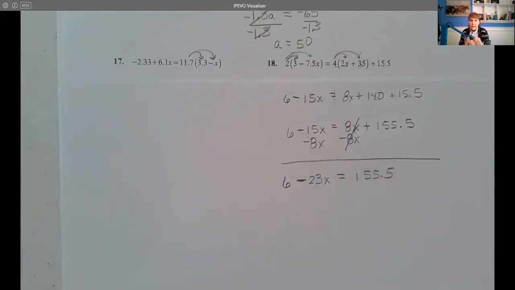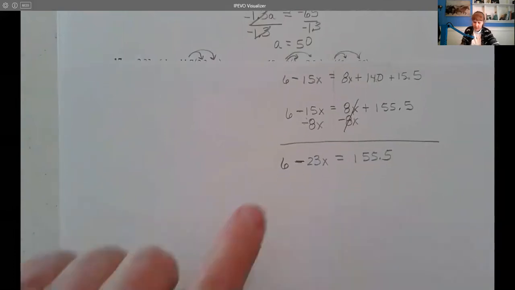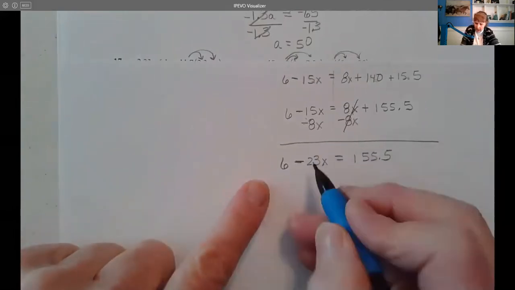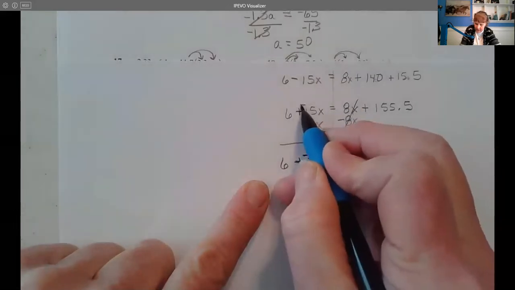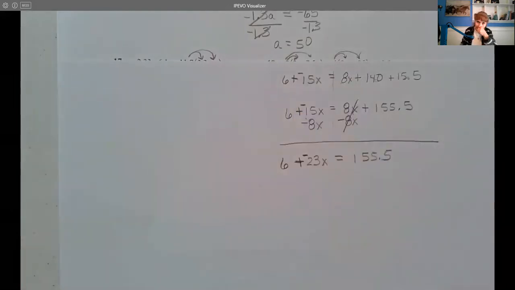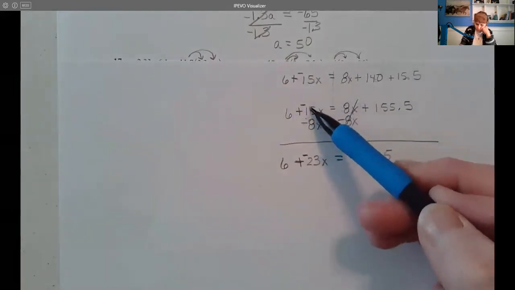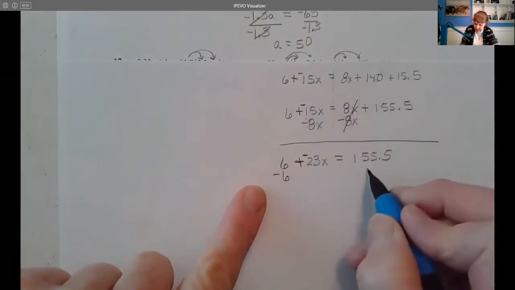So now we're going to get the x by itself now that we have x's only on one side. So the first thing I'm going to get rid of is the 6. All right, because that's next to it. So, and you can even go plus a negative. You could have even done plus a negative at the beginning if you want to. So yeah, when you're combining those, you get this. So subtract 6.